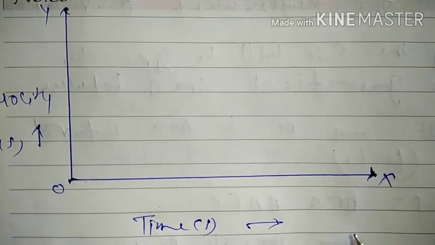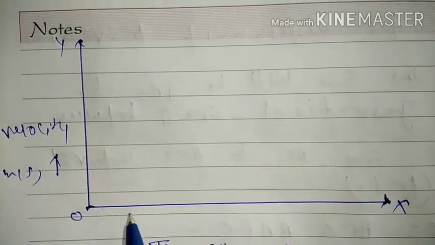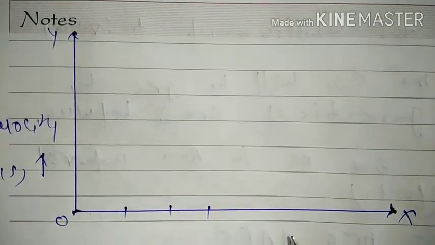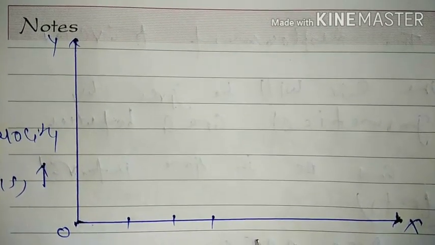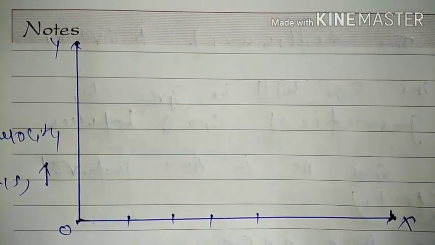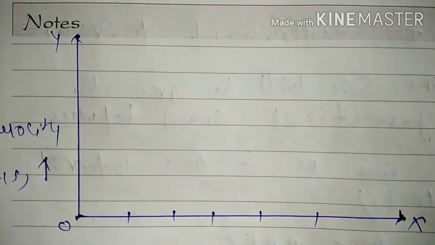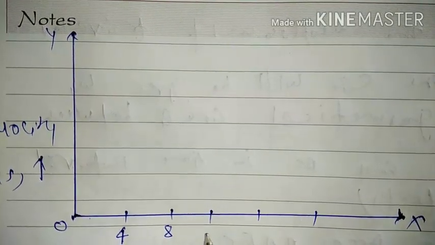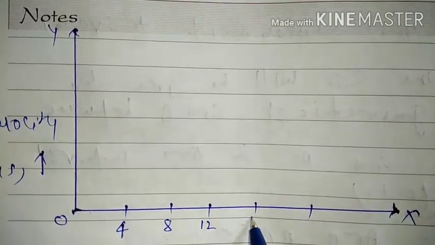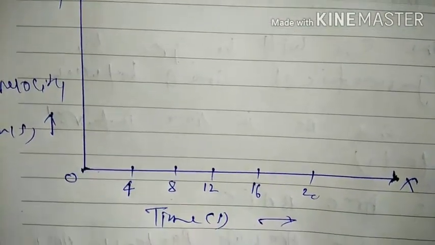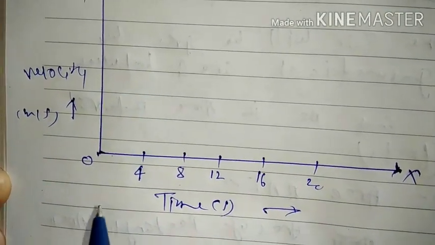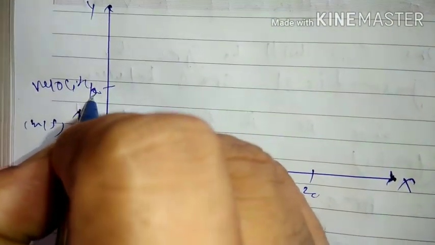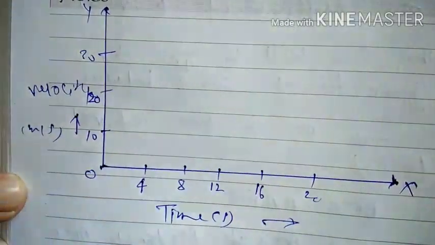Now the time scale is given as 4 seconds, 8 seconds, 12 seconds, 16 seconds, and so on. So it is a uniform interval, 4 plus 4 is 8, 8 plus 4 is 12, 16, 20, and so on. And the velocity scale is 10 meter per second, 20 meter per second, 30 meter per second.